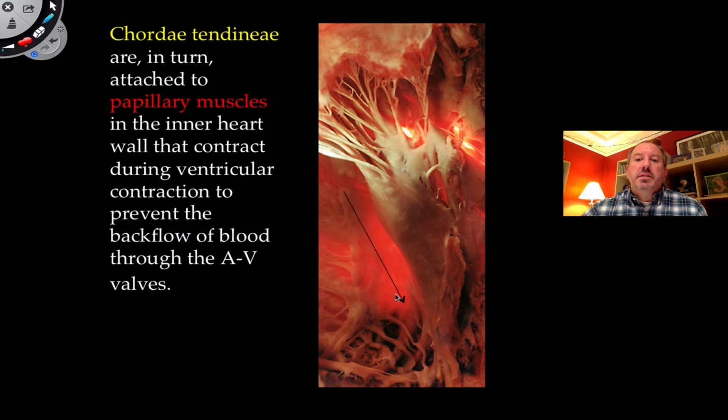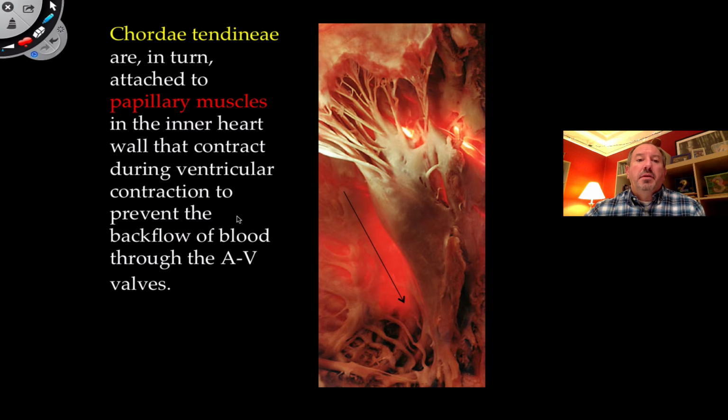And they're attached down here to papillary muscles on the inside of the ventricle. When these papillary muscles pull down on the chordae tendineae, they make sure that the valves are not inverting when the ventricles are contracting. And so they're really important.